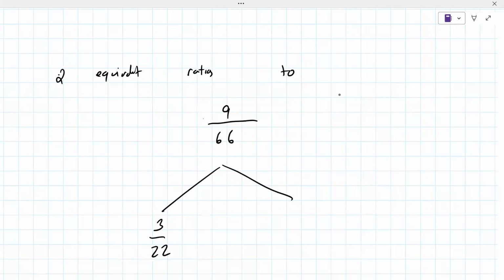Okay, take that. And 18 over... 132. All right, that worked.